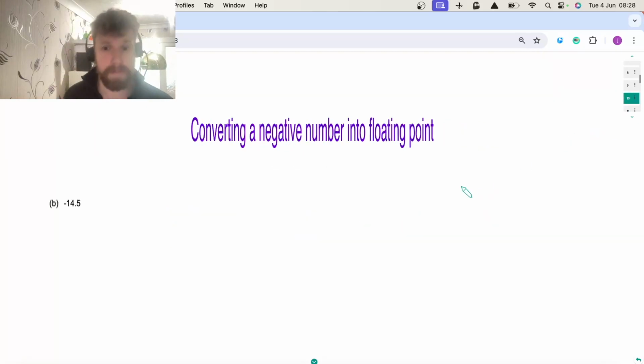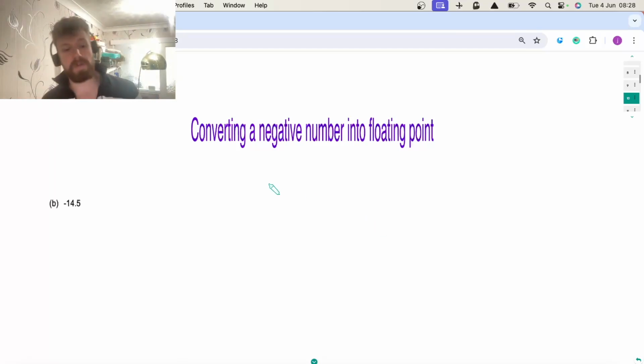Converting a negative number into floating point. So we just have to go through a couple of stages on this one. It's just an extra step. Once you've converted it into fixed point, you just need to 2's complement it, and then just make sure that the decimal point goes between the 1 and the 0 there.